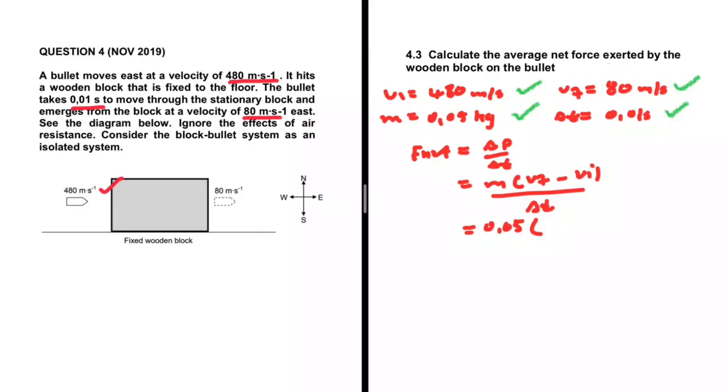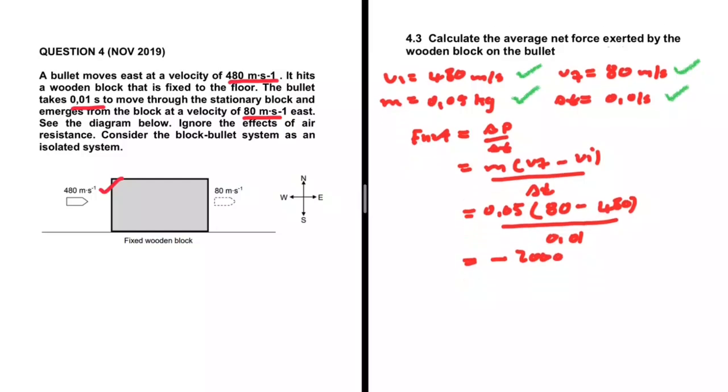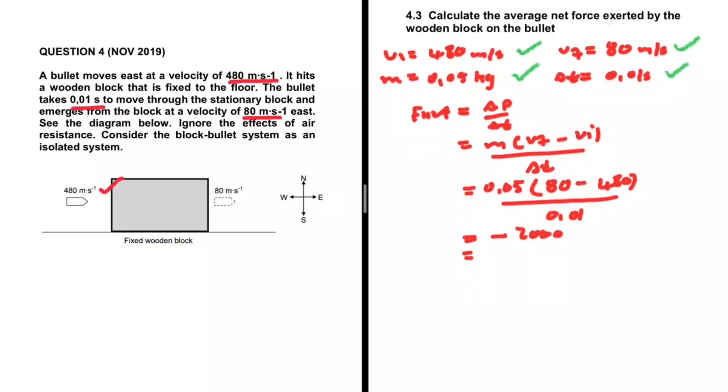If we take direction to the east as positive, VF is 80 minus VI, which is 480, everything divided by 0.01. If you put that in a calculator, you're going to get minus 2000, which means 2000 newtons to the west, right? Because the negative sign is to the west if we take east as positive.